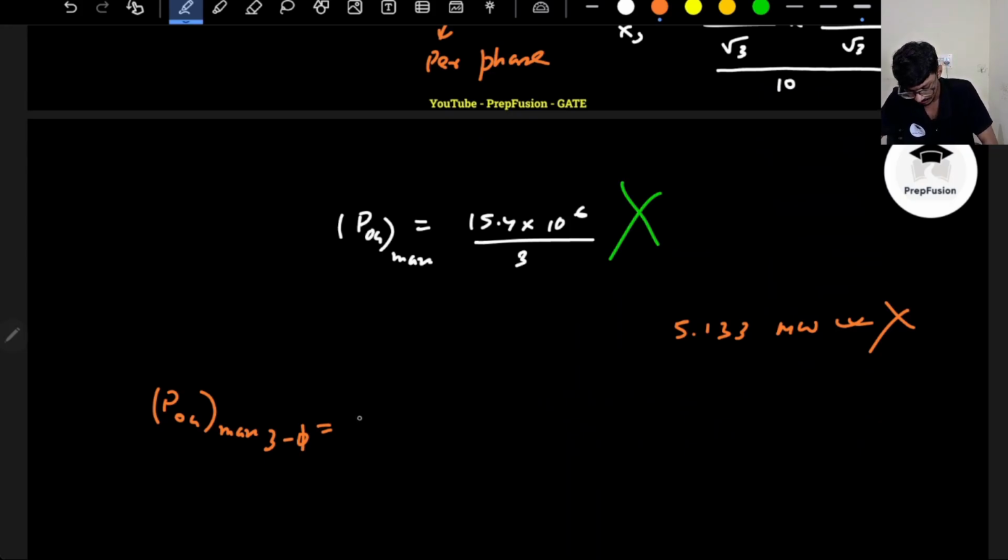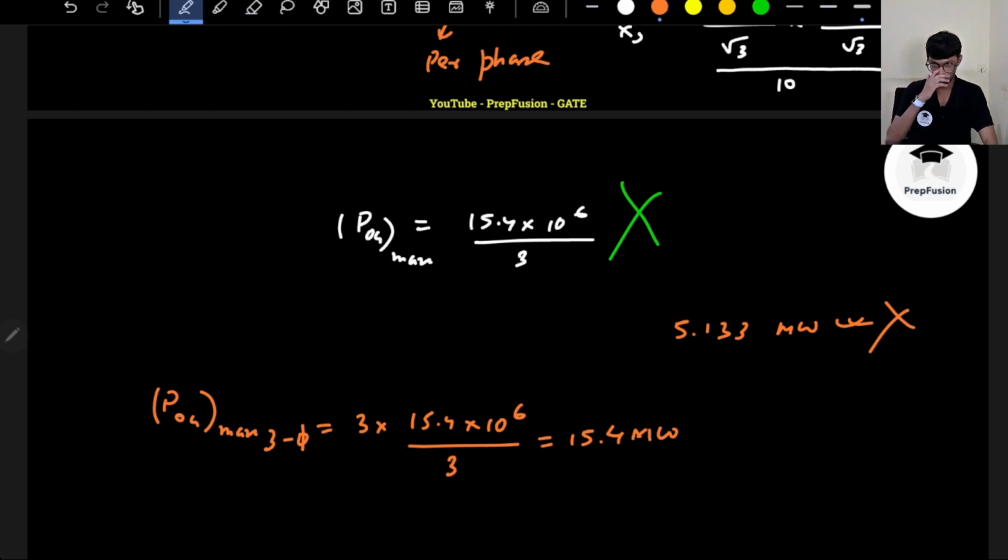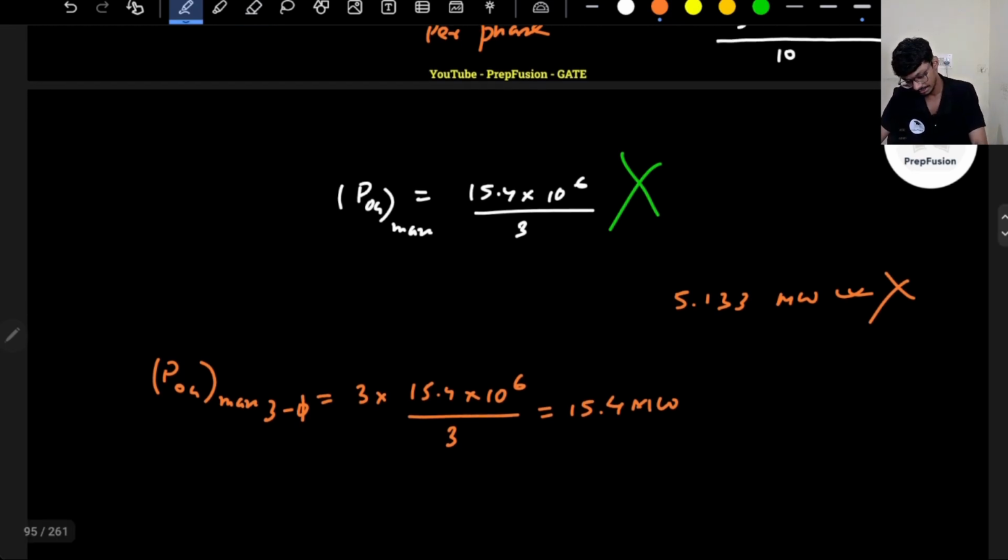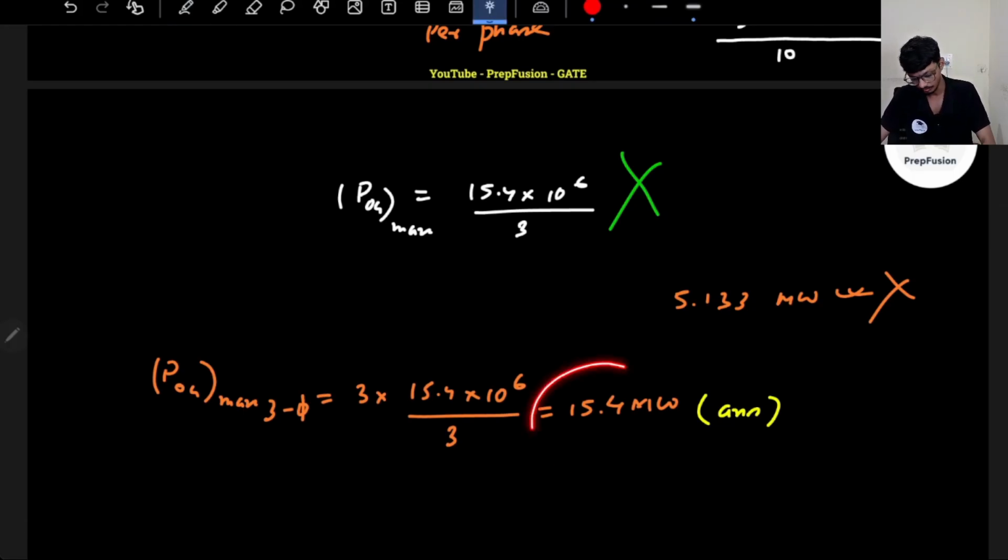If I multiply 3 times the per phase power, that is 15.4 into 10 raised to power 6, this will be 15.4 megawatt. This will be the answer of this question. 15.4 megawatt. That's it.